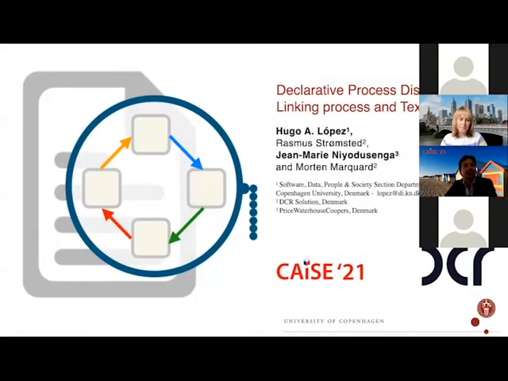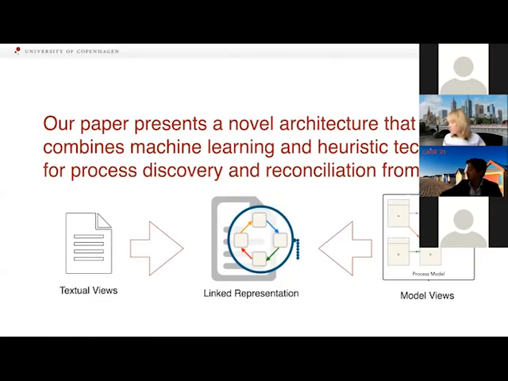So, welcome again. This is Hugo Lopez and Jean-Marie Nirdizati, with work with Rasmus Council and Mark McCord. Today we're presenting classifier process discovery, process and textual views. What we've been trying to do is go very close to what Jan was presenting yesterday in a tutorial: understanding a process, building a mental model of a process, requires understanding different artifacts.